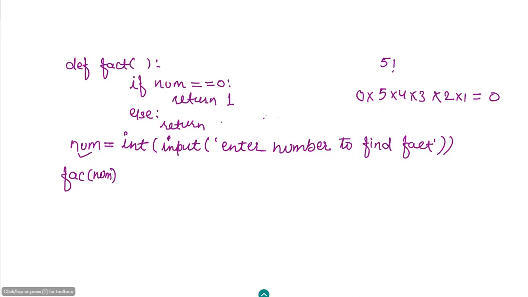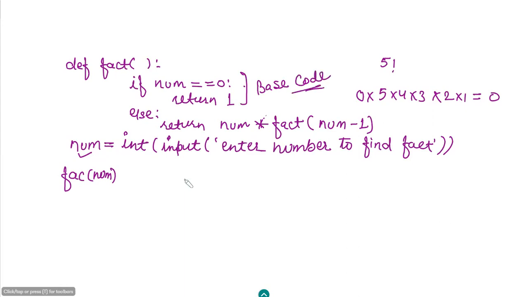This is the number which we will take from user. Now multiply fact(num minus 1). This is recursive calling, right? So here this is the base code, or base class, right?